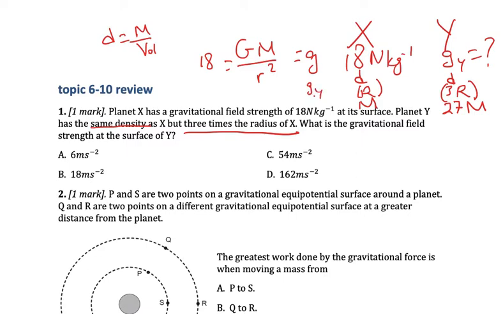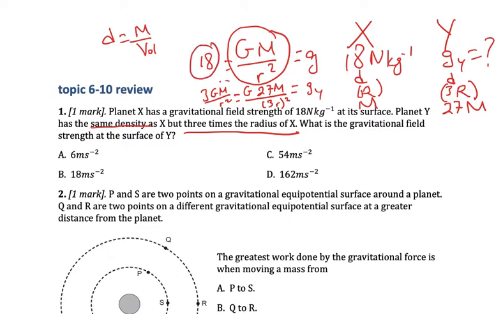Let's write the same expression for Y. We have G, 27m, divided by its radius squared, which is 3R squared. This gives a factor of 9 in the denominator, so 27 over 9 is 3, giving 3 GM over R squared. If each GM over R squared is 18, 3 times 18 will be 54.